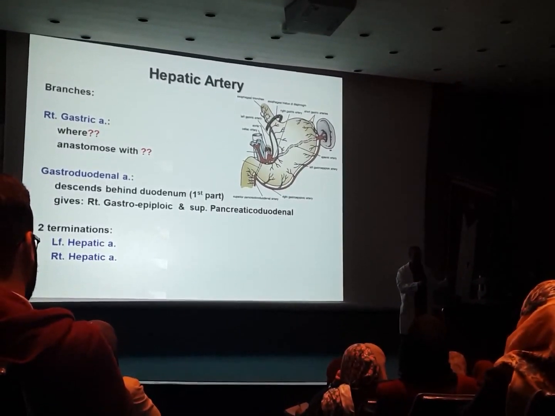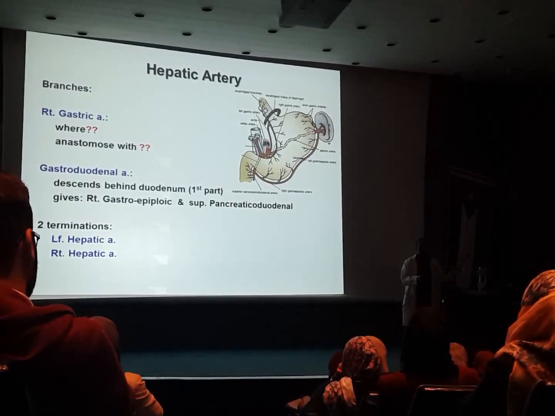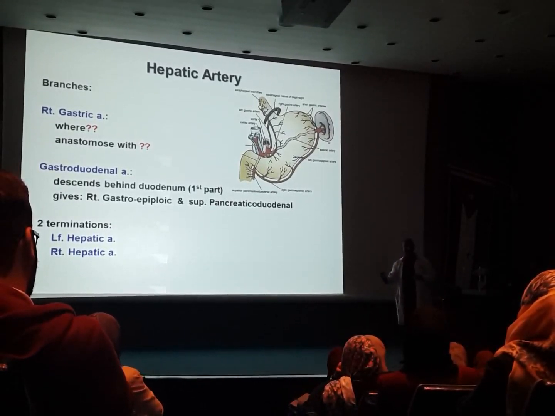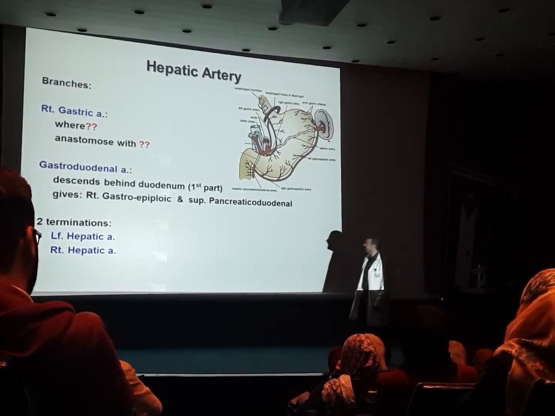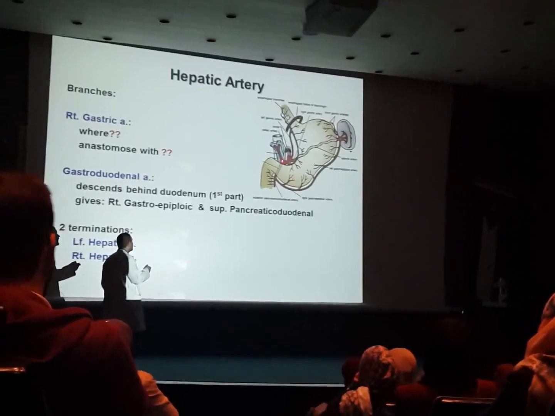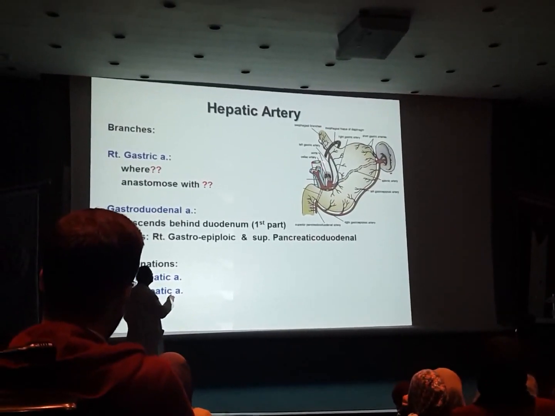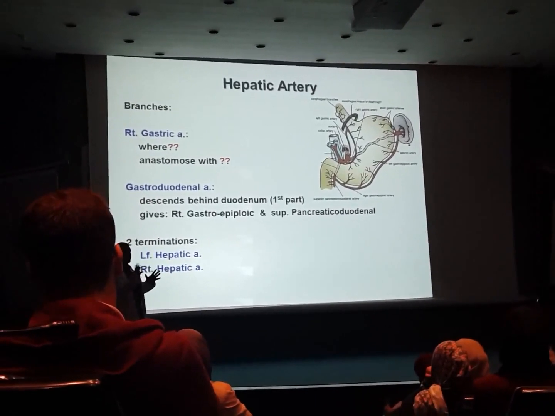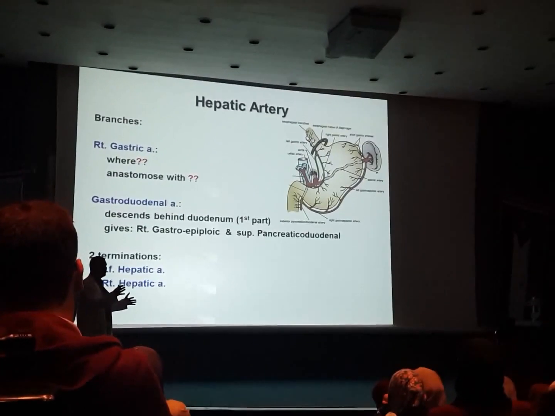Before the gastroduodenal, it is common hepatic. After the gastroduodenal, it's hepatic proper, or the main hepatic artery. And we'll continue the hepatic proper until where? Until the porta hepatis, or the hilum of the liver, where it will branch into left and right hepatic arteries.